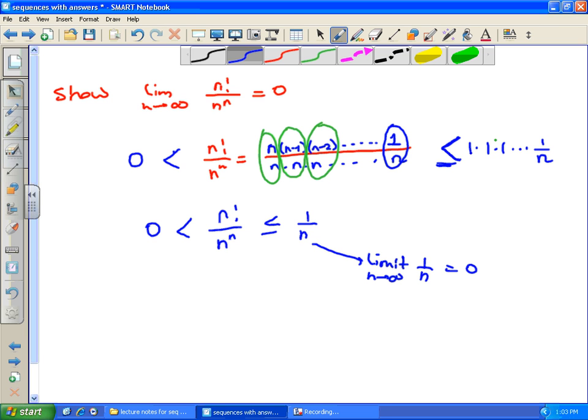I'm going to put here greater than or equal to 0, because it's either 0 or greater than 0 based on this side. And on the other side, it's less than or equal to 0. So what is the only way we can get out of this dilemma? It itself has to be 0, right? So by the squeeze theorem, the limit of n factorial over n to the n itself has to be 0. And there we have it.